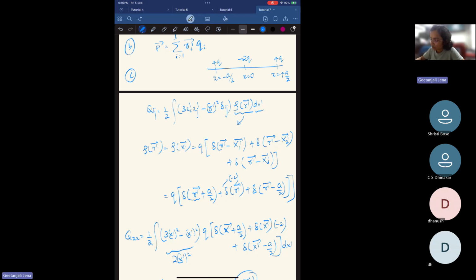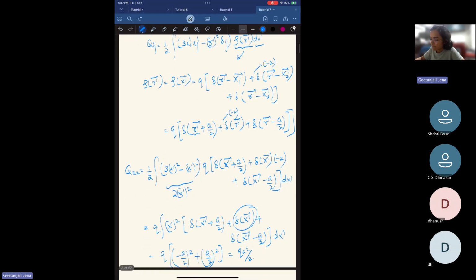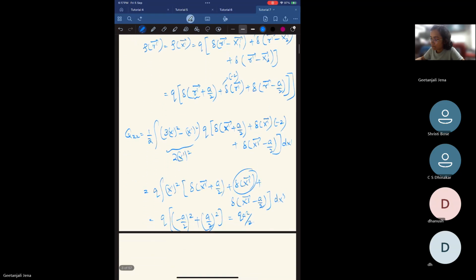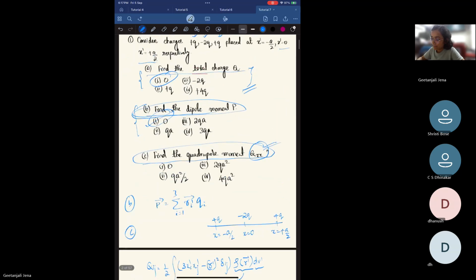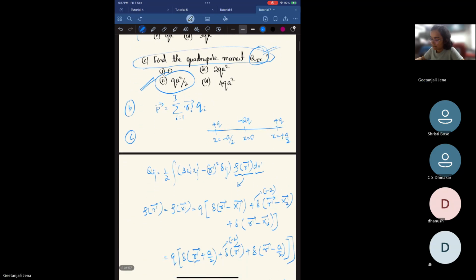Sorry for that. Minus 2. But the integration will be 0, so the answer will not change. So the answer will be option second. So is this clear, the calculation?